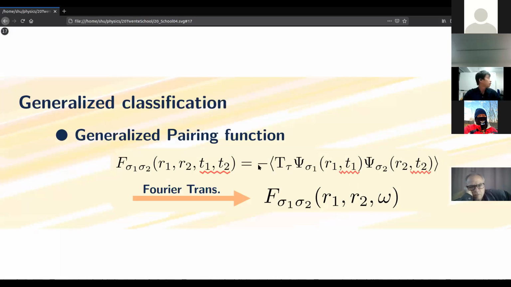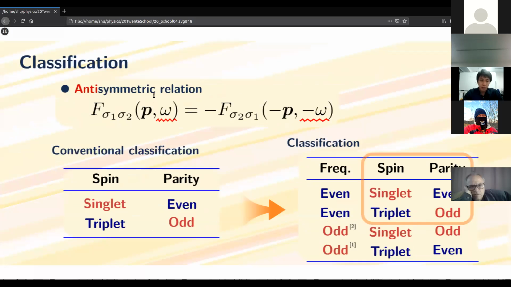So we have to generalize the pairing function as shown here. Now we have to consider the time degree of freedom, and the pair function depends on the frequency. And the antisymmetric relation is also generalized as shown here.